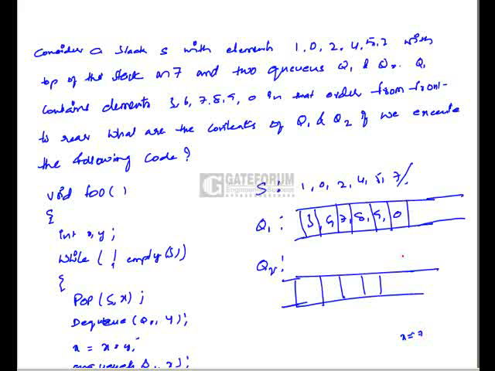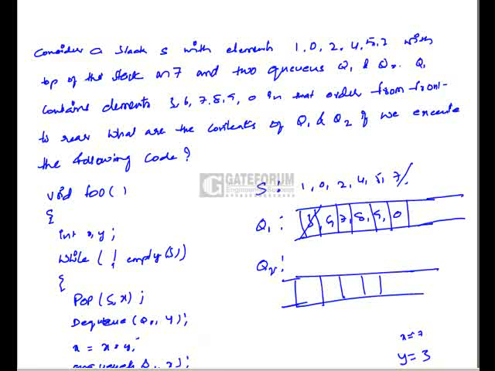Now x is equal to 7, and then after that we are deleting the element from Q1 and storing it in y. We delete the element in the queue from the front end. So here 3 is deleted and it is stored in y.